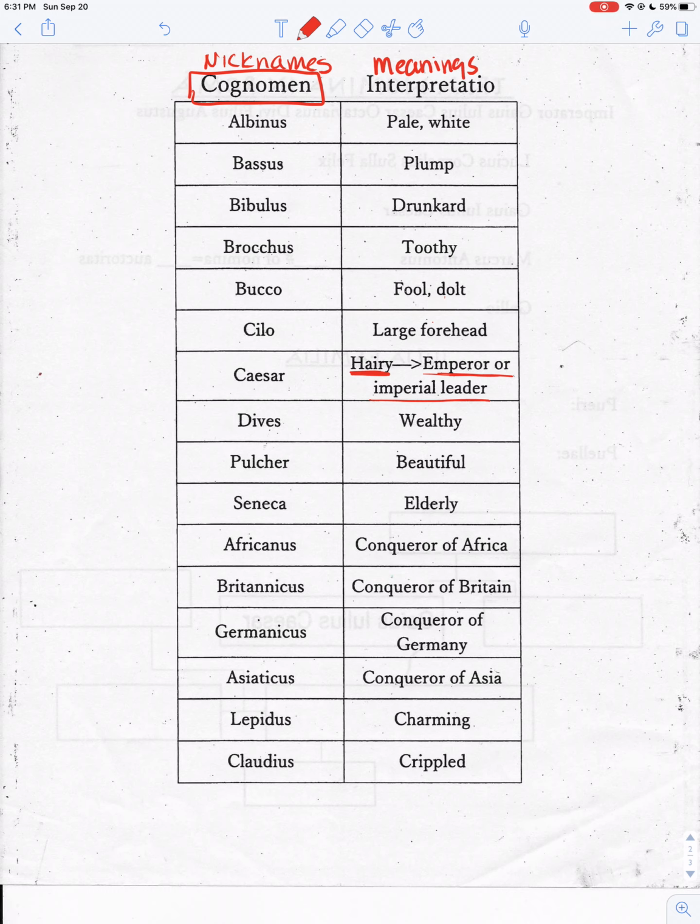And so these ones are titles. If you managed to conquer parts of Africa, you could be called Africanus. So Scipio Africanus, because he conquered some of the people of Africa. Britannicus.